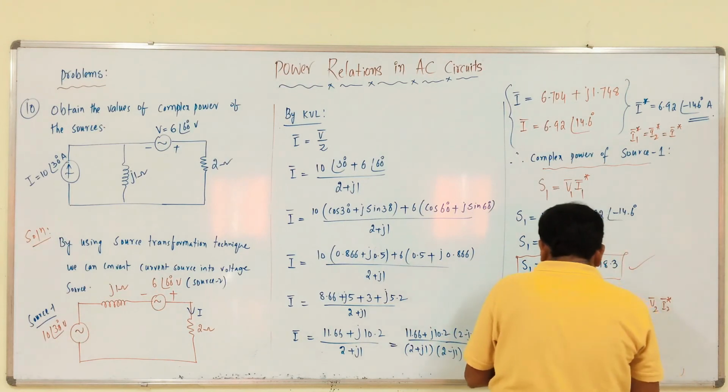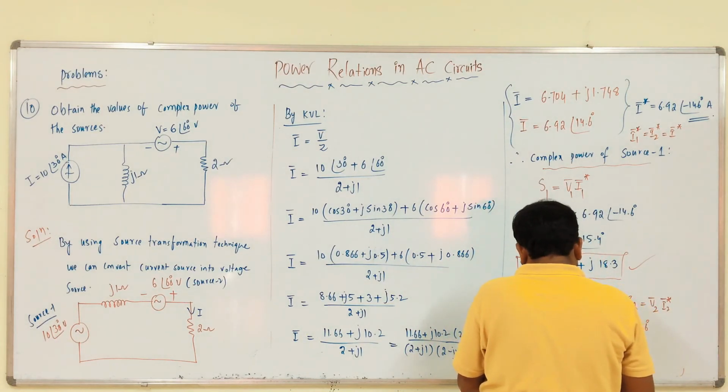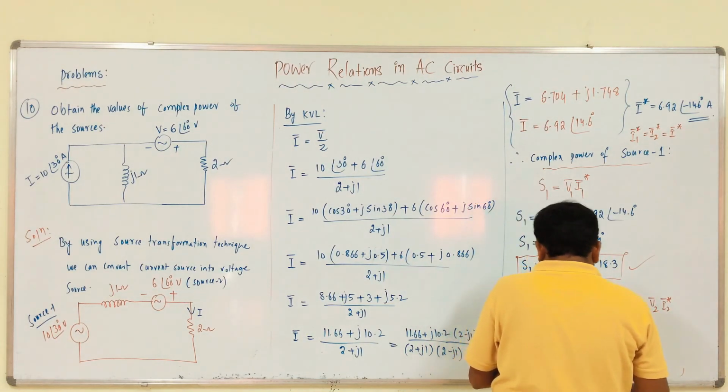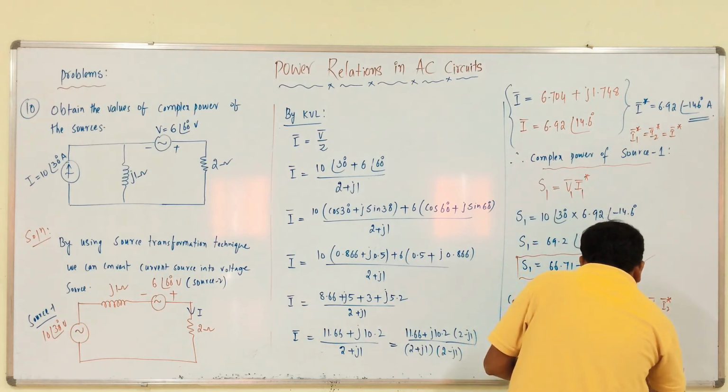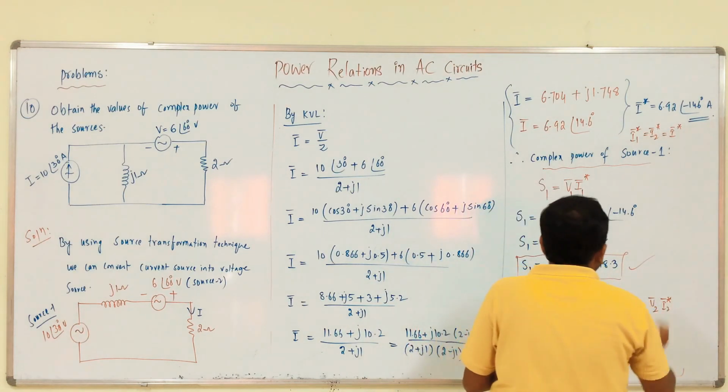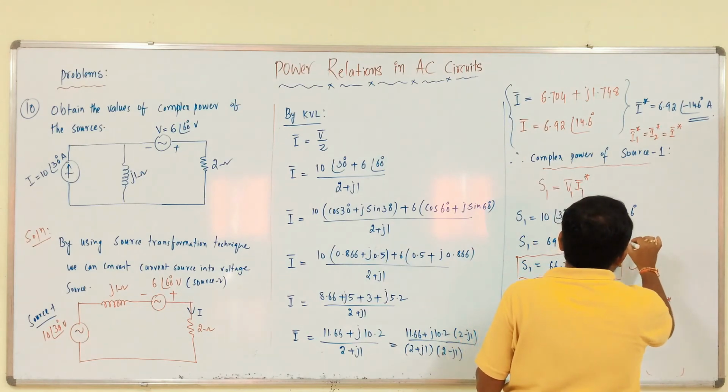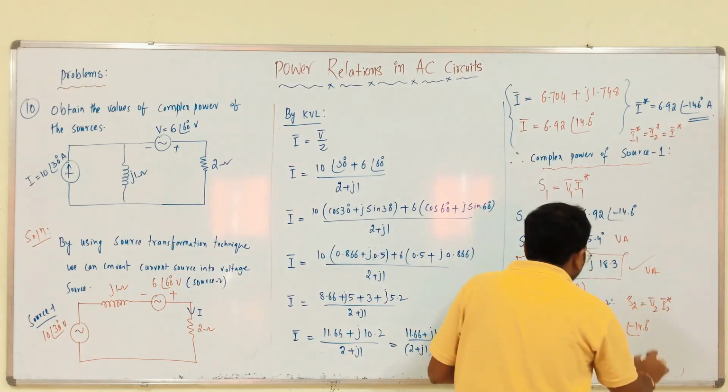41.52 at an angle 45.4 degrees. What are the units? Volt amperes, right? You can write volt amperes.